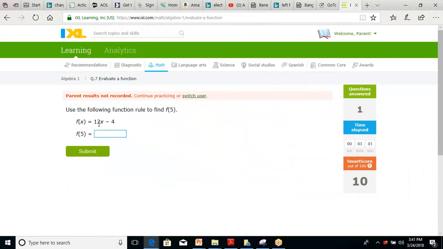So if f of 5, now x is replaced by 5. So where you have x over here, you have to put 5. So f of 5 is 12 times 5, 60, minus 4, so that's 56.